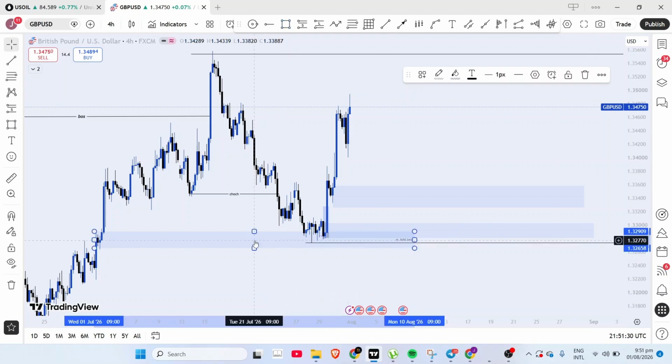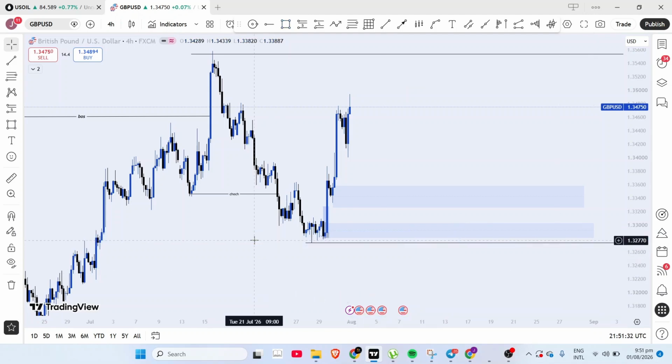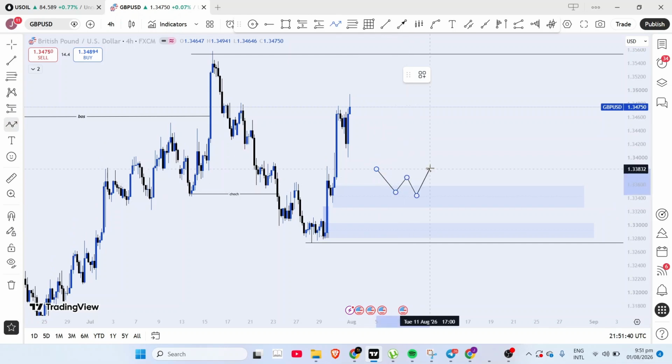Let me delete this one so it's clear. These two zones, when we get here, all we need to do is look for confirmation, then take our trade to the upside. Or if we don't get that confirmation, we just watch and allow price to do what it wants.